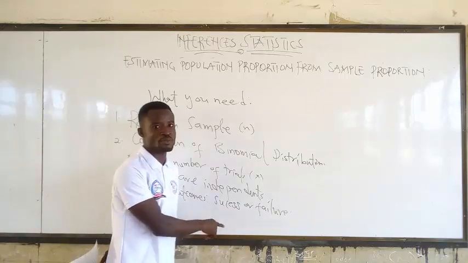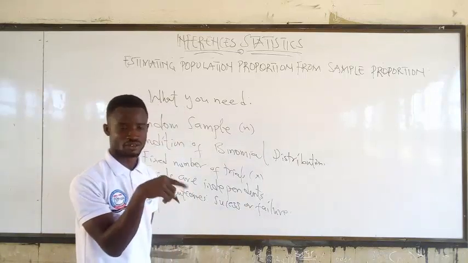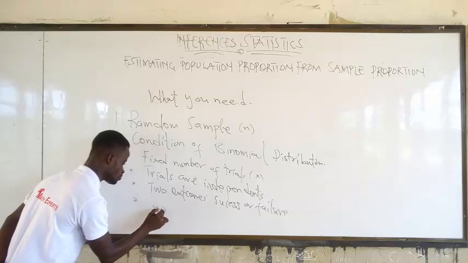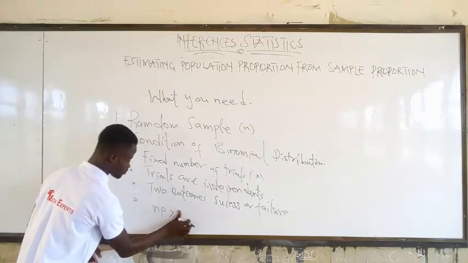The success probability is represented by p and the failure probability by q. So when you multiply the sample size n by p, and n by q, each should be greater than or equal to 5.